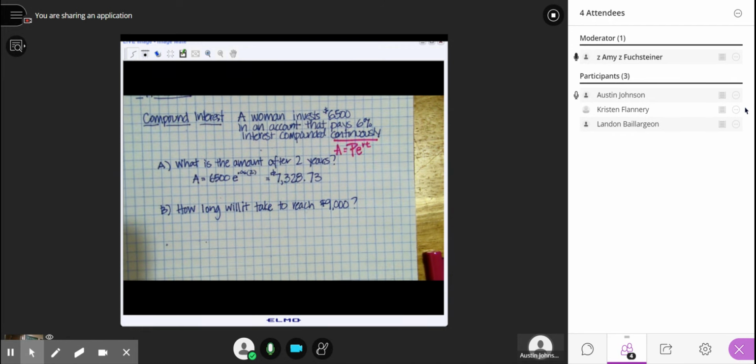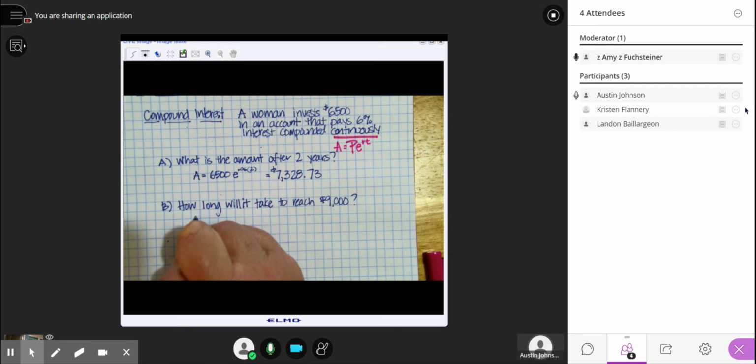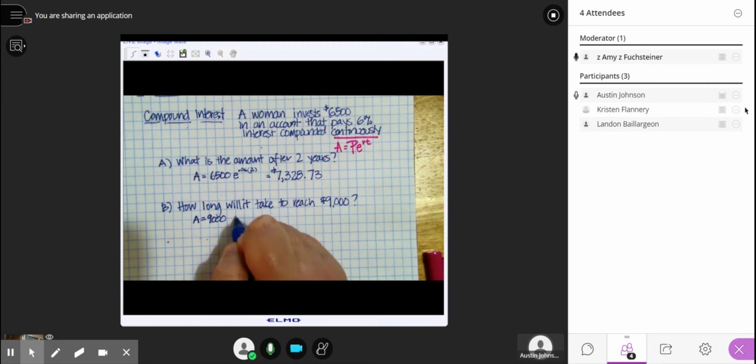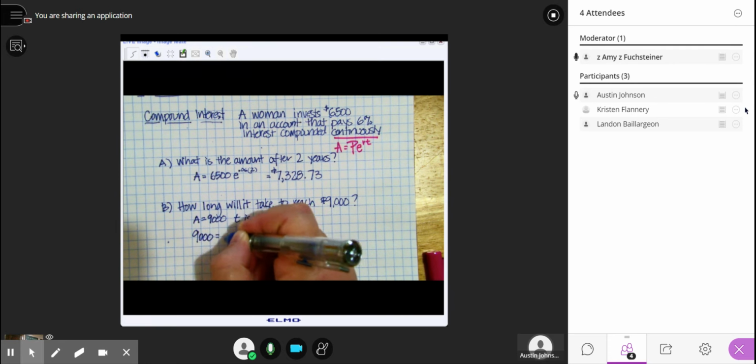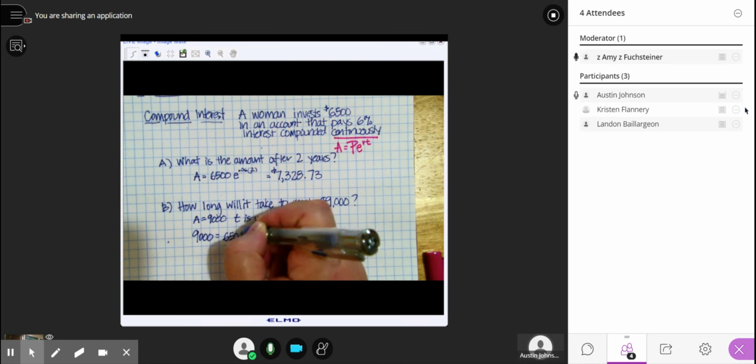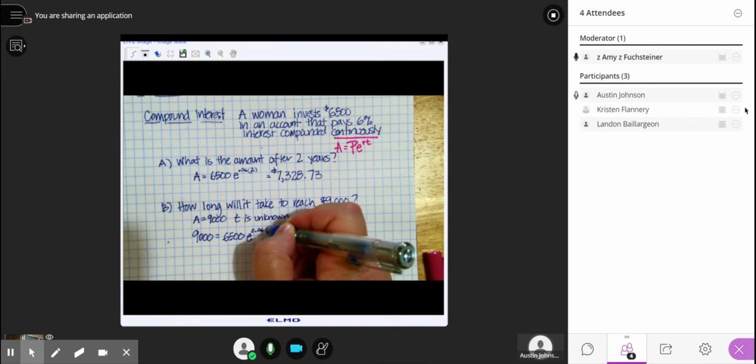Part B asks us how long will it take to reach 9,000. This time, our A is going to be that 9,000. Our t is unknown. So we will have 9,000 equals 6,500 e to the 0.06t.